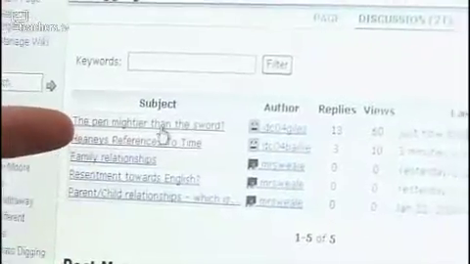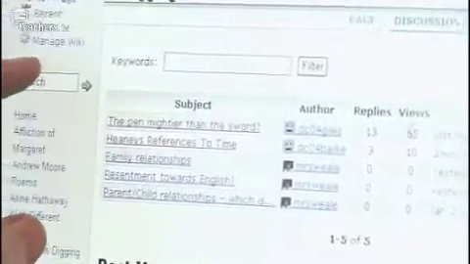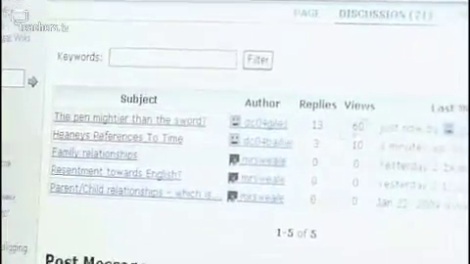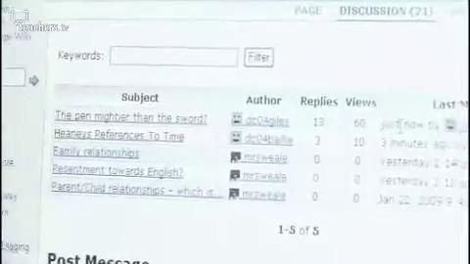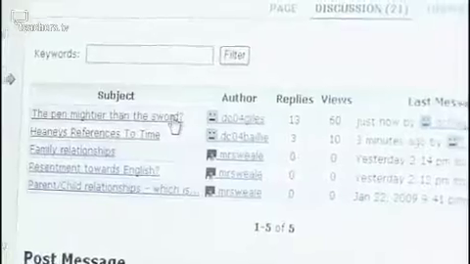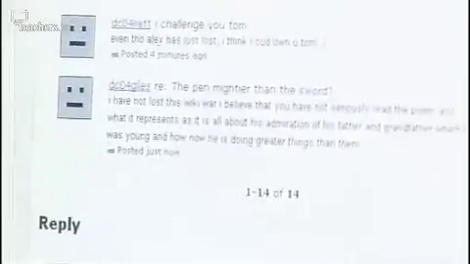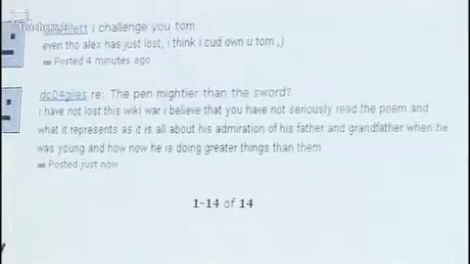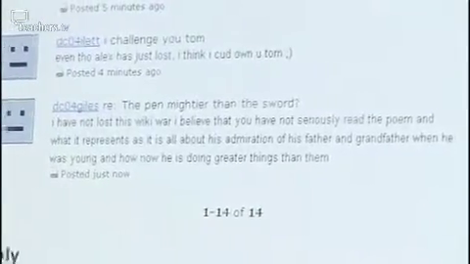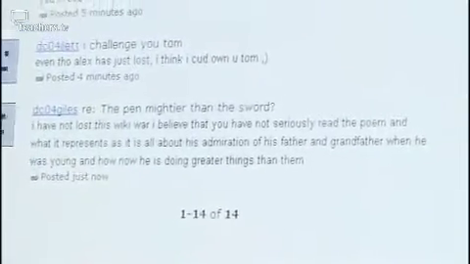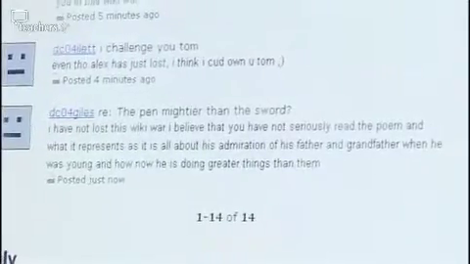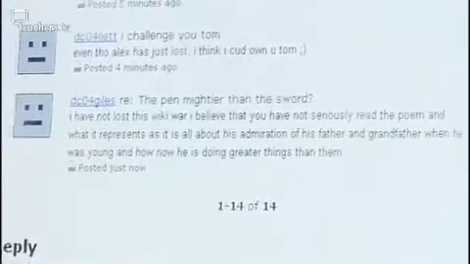The topics highlighted in purple are those under discussion, and there's been 60 views on the page that Alex and I are discussing, 13 replies, and Alex has just replied just now. I have not lost this wiki war. I believe you have not seriously read the poem and what it represents, as it is all about his admiration for his father and grandfather when he was young, and how now he is doing greater things than them.